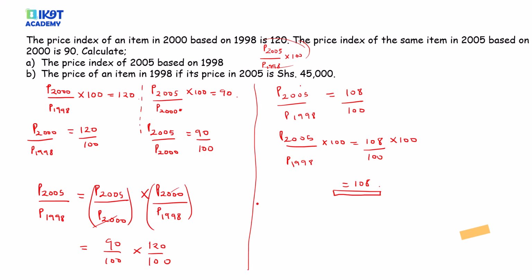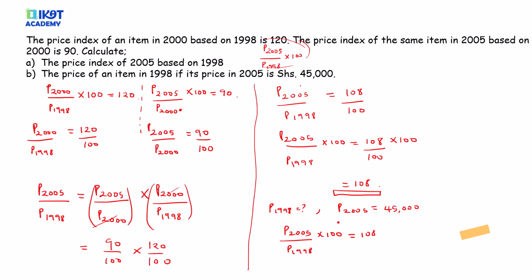So we've answered. And the question here says, find the price of an item in 1998 if its price in 2005 is 45,000. Remember, here we have the price index for 2005 out of 1998 times 100. This gives us 108, just from above.